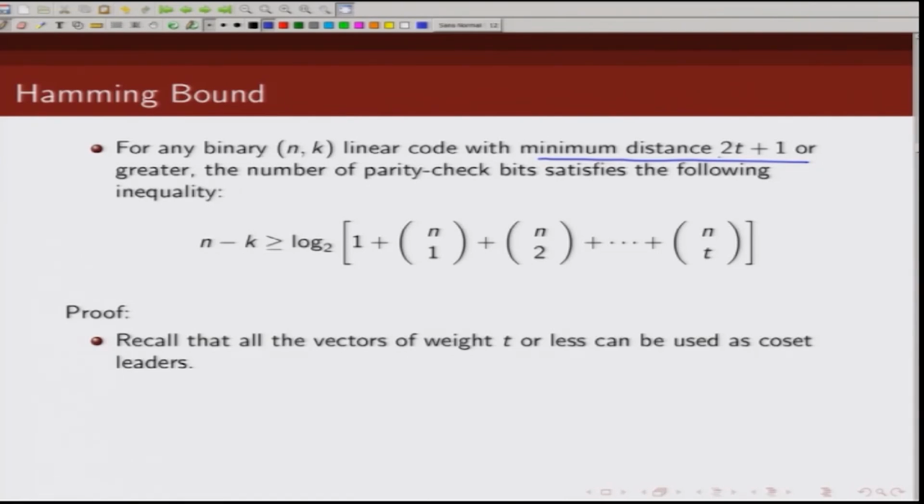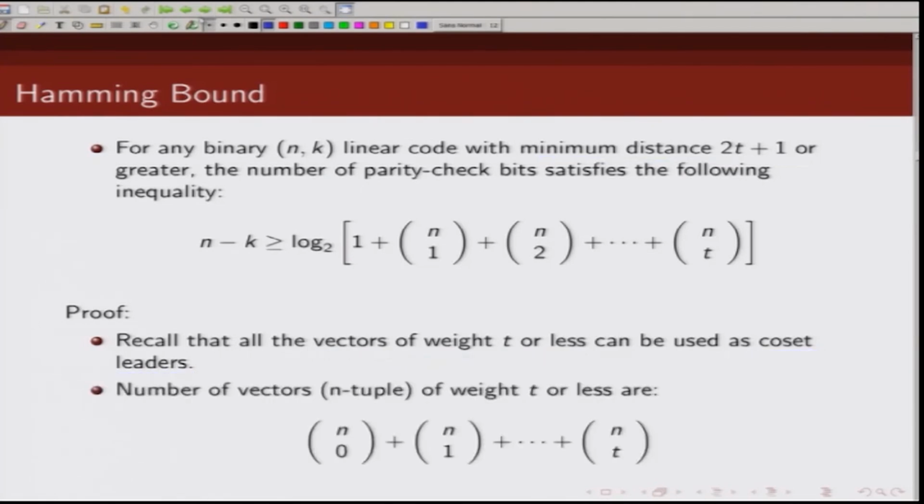and hence we can use all patterns of weight t or less as coset leaders. Now, let us count how many such error patterns there are. The number of error patterns of weight 0 is given by nC0.